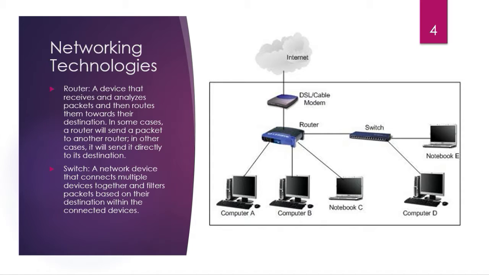In some cases, a router will send a packet to another router. In other cases, it will send it directly to its destination. A switch is a network device that connects multiple devices together and filters packets based on their destination within the connected devices.